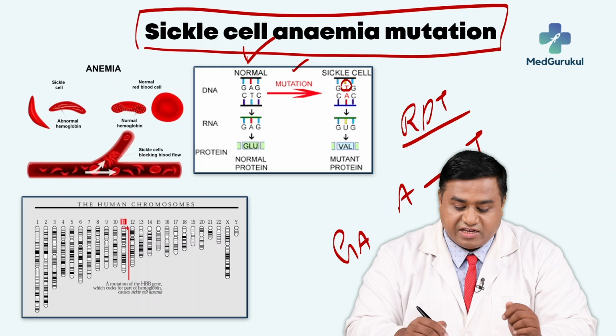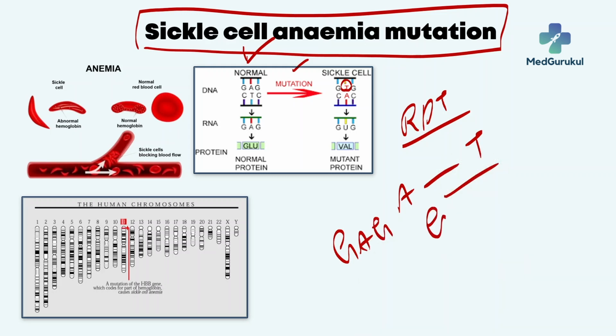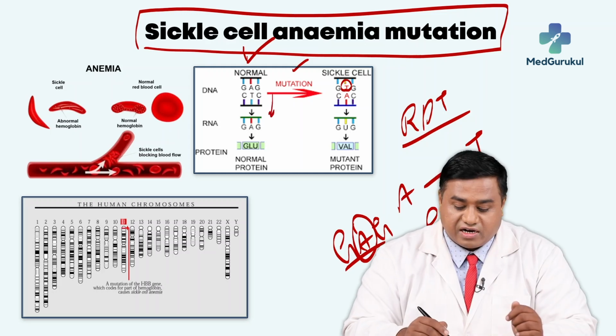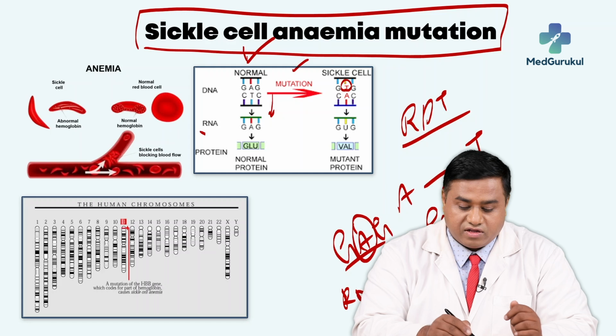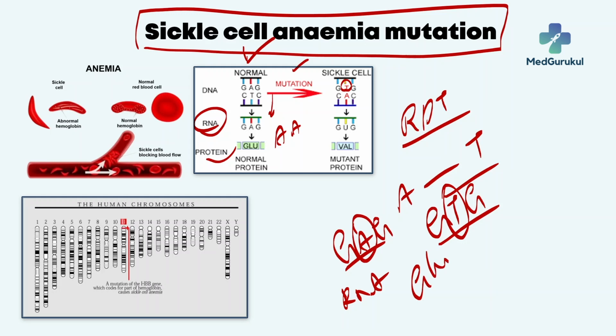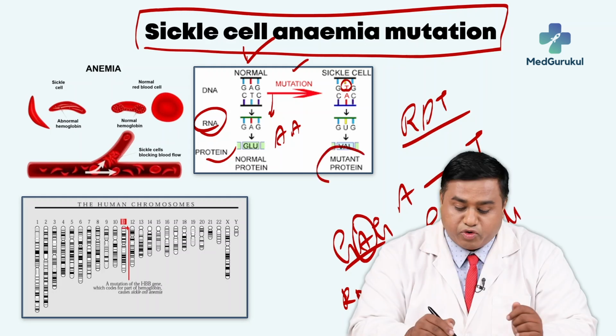So GAG has become GTG. This change in the nucleotide leads to a change in the RNA, and the change in RNA produces a change in the amino acid from glutamate to valine.